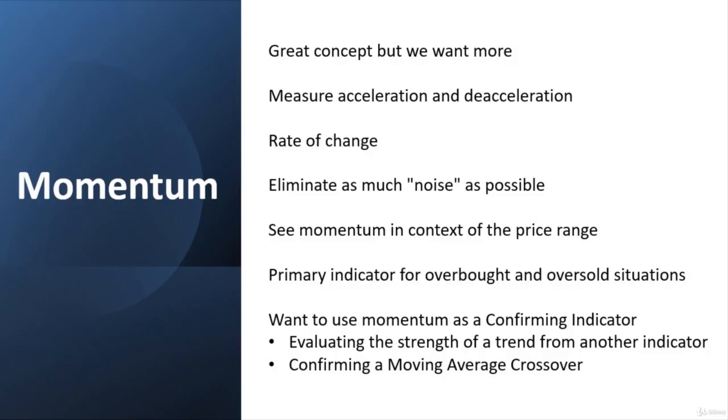Momentum indicators also will eliminate as much noise as possible by looking at those changes. And you can see momentum in the context of an overall price range, the highs and lows, what momentum is doing, if our price is accelerating, all that kind of stuff. And it can really give you a good indication of whether a security might be overbought or oversold. Overbought is where pretty much everybody who's going to buy it at that price level has.